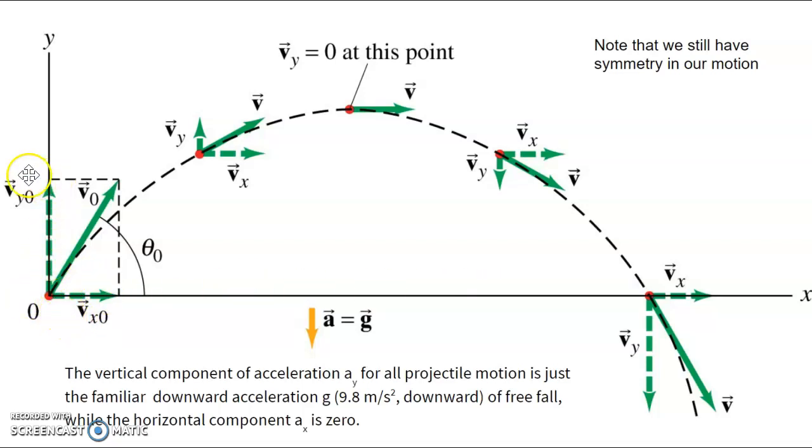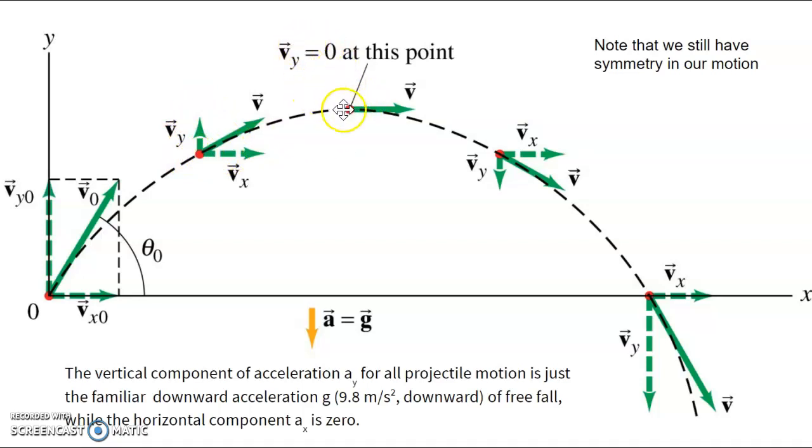Now the vertical component of this vector changes, and that's because we have acceleration going on. So initially the vertical component of our initial velocity is a large upward vector, right? The acceleration, so to speak, eats away at that over time. So as it travels, since the acceleration points downward, our upward velocity gets smaller in magnitude until a point where it reaches a value of 0 at the peak.